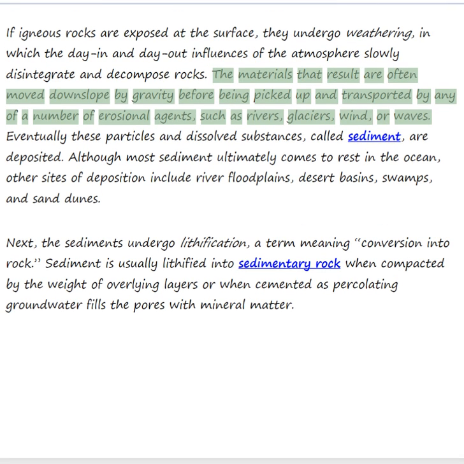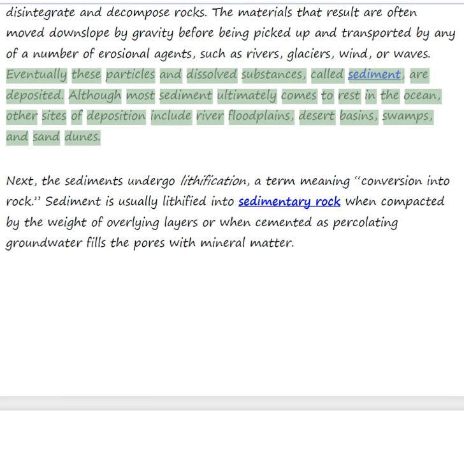The materials that result are often moved downslope by gravity before being picked up and transported by any of a number of erosional agents, such as rivers, glaciers, wind, or waves. Eventually these particles and dissolved substances, called sediment, are deposited.